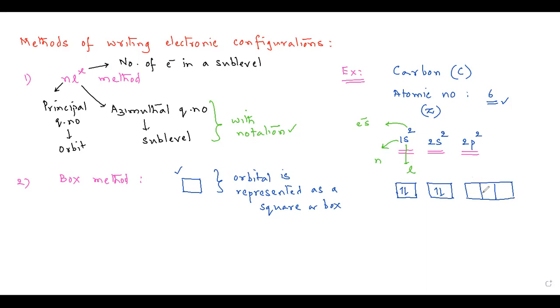I told you that you have to fill up one electron each in the orbitals whenever you have degenerate orbitals, that is, whenever you have 3 p orbitals, 5 d orbitals, or 7 f orbitals. Is that okay? So that is the box method representation.